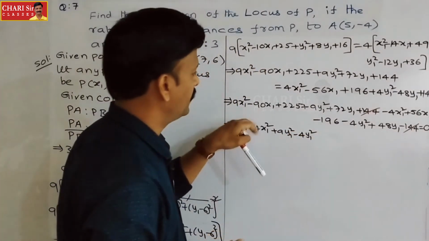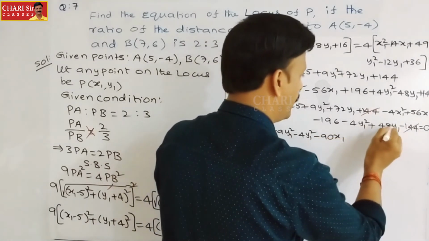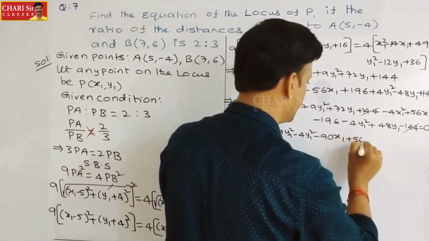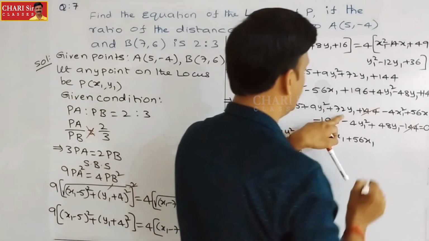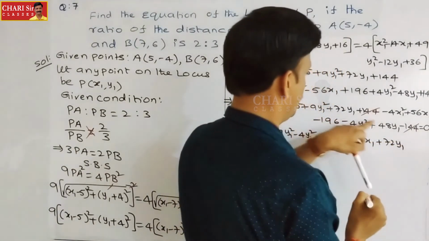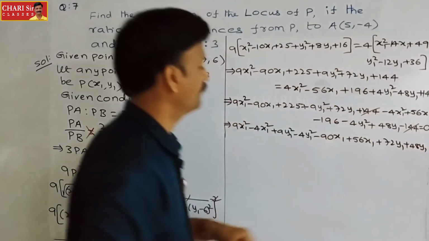The x1 terms, minus 90x1 plus 56x1, and y1 terms, 72y1 plus 48y1.